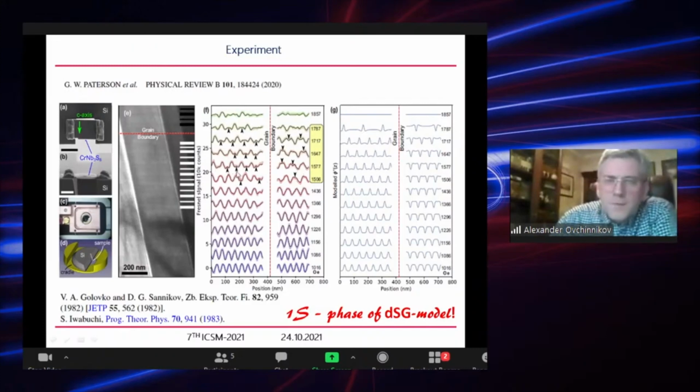These peaks turn over in comparison with those shown at the left.